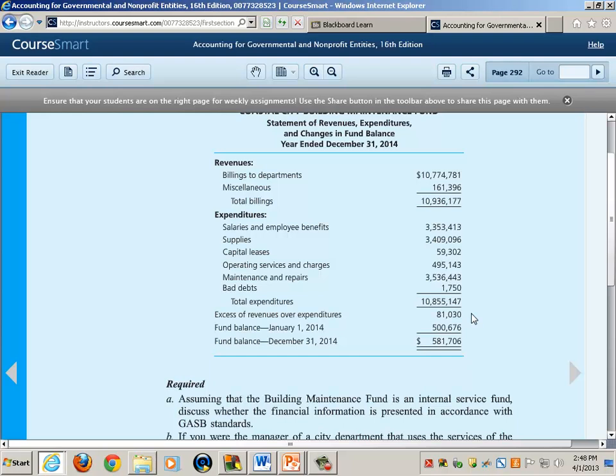Number 16, which of the following is an interfund transaction? Well, all of the above are interfund transactions. Loans, it says interfund. Number 17, a journal entry to record the property tax levy for a municipality would include, you had to know the journal entry, a credit to estimated uncollectible current taxes, debit to receivable, credit to revenue, and uncollectible taxes.